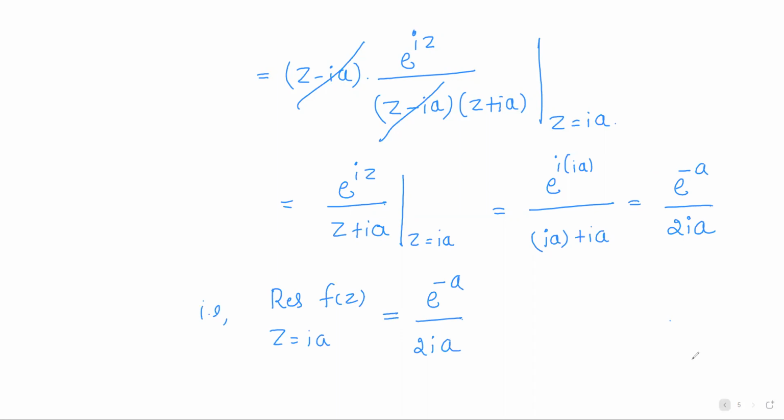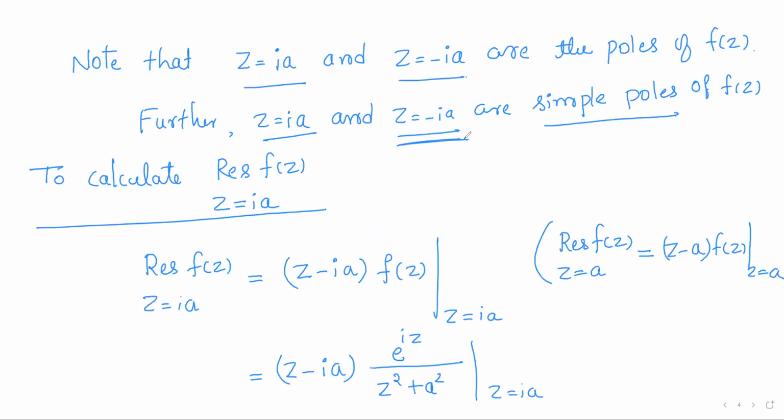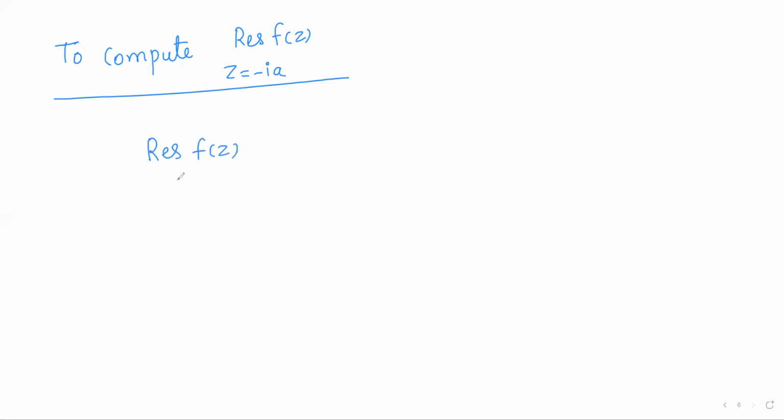Similarly, we shall calculate the residue at the other pole, which is z is equal to minus ia. So to calculate the residue of the function f of z at the simple pole minus ia, according to the formula, the residue of f of z at z is equal to minus ia is z minus of minus ia into f of z at z is equal to minus ia.